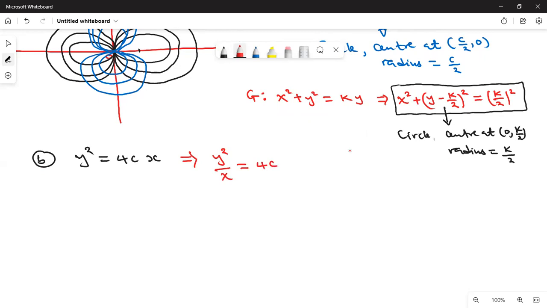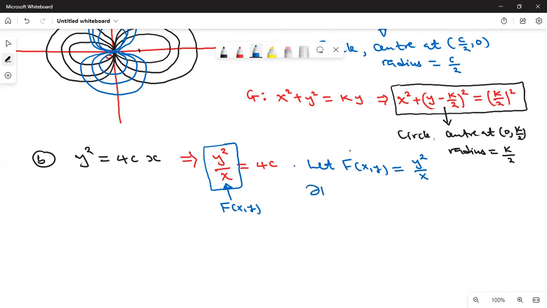This is a constant. So what we have here will be our f of x, y, is equal to a constant. So let f of xy be equal to y squared over x.